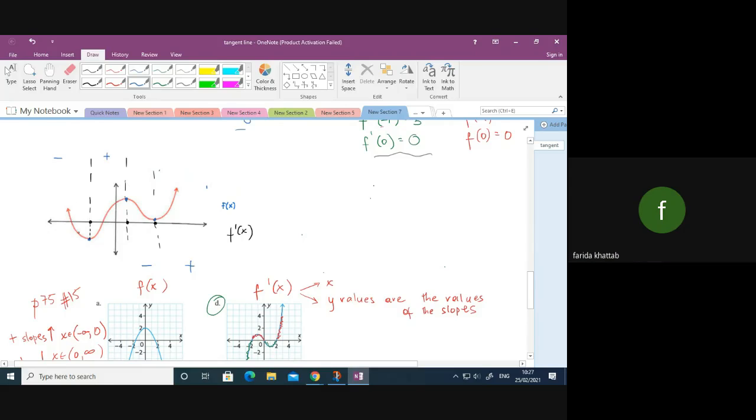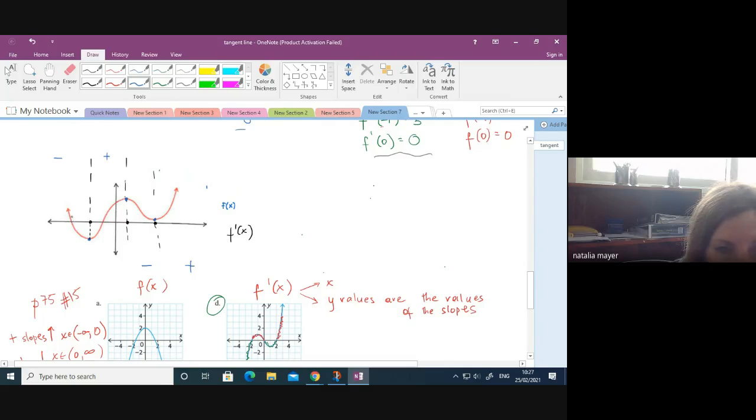When it intercepts the x-axis, somewhere here. On this edge it's steeper than here. Here it comes close to the minimum, and at a minimum the slope is 0, so it's getting flatter and flatter.